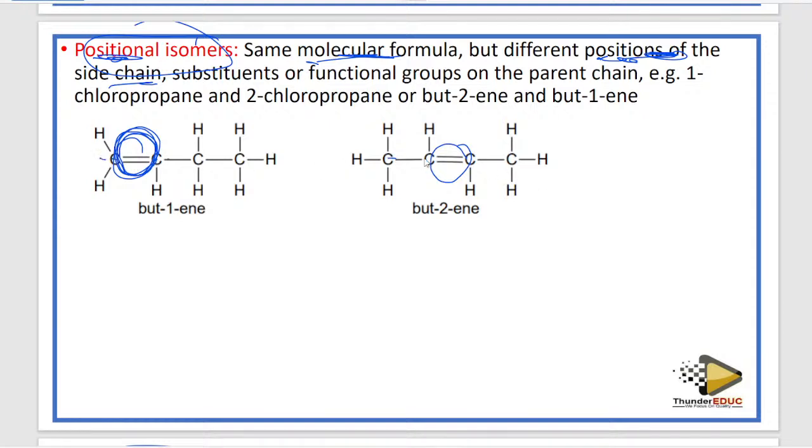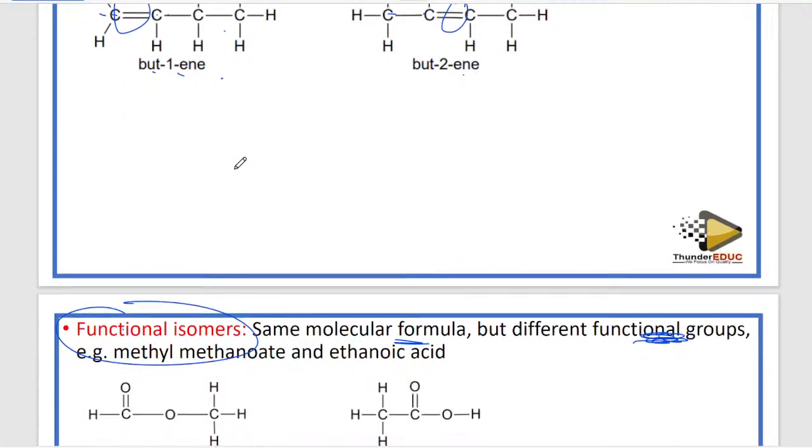Here it is between the second and the third. So even the naming is different: but-1-ene, but-2-ene. So we also call it an isomer. Why is it an isomer? Same structural formula, but what is different is the position of the functional group. If you count the number of hydrogens and carbons here and here, you'll find out that it is the same. But what is different is the position of the functional group.